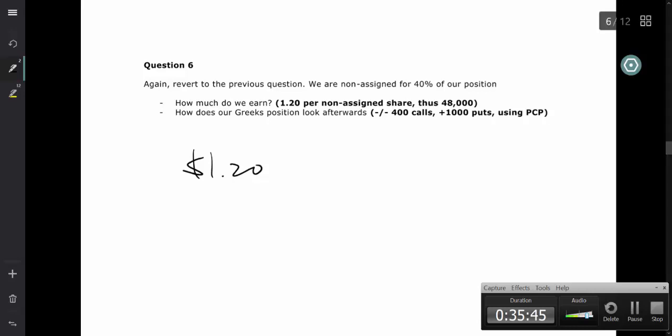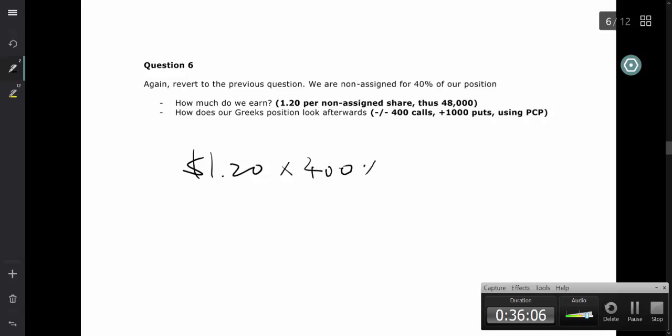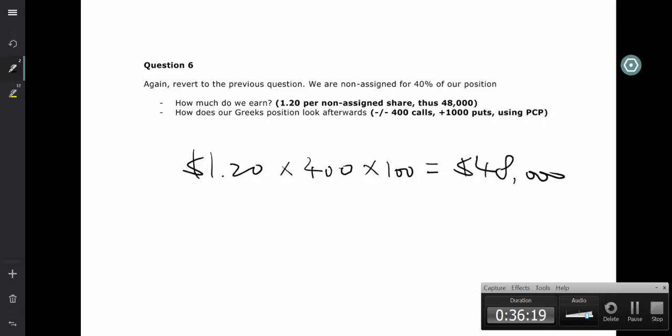Then your benefit will be $1.20 multiplied by 400 calls, which you then multiply by the contract size. So that is equal to 48,000. So this is part one. Part two will be in another file.